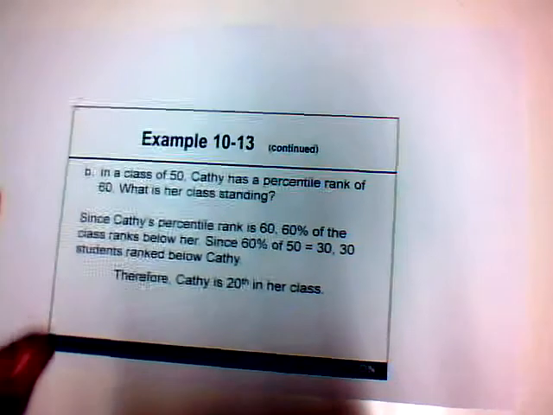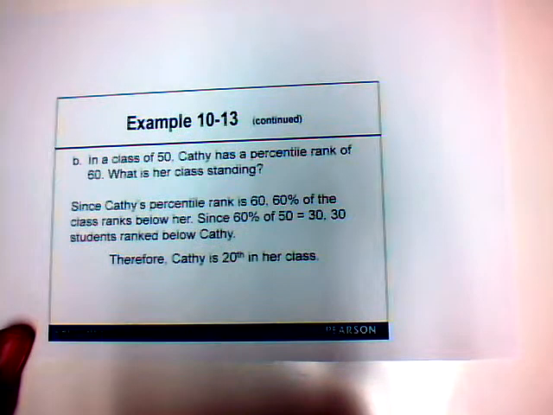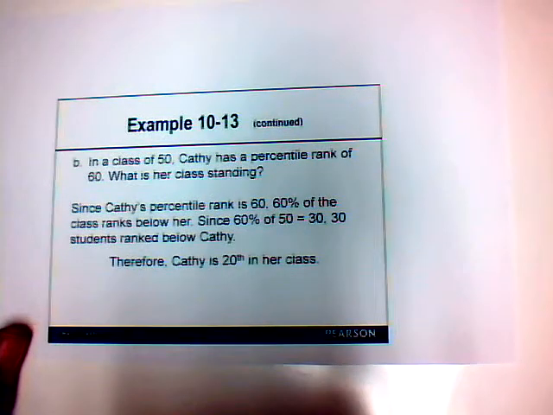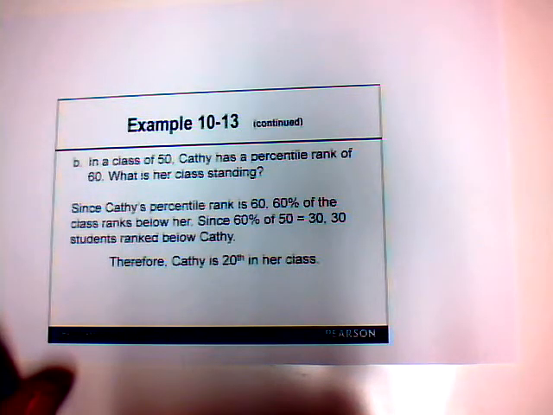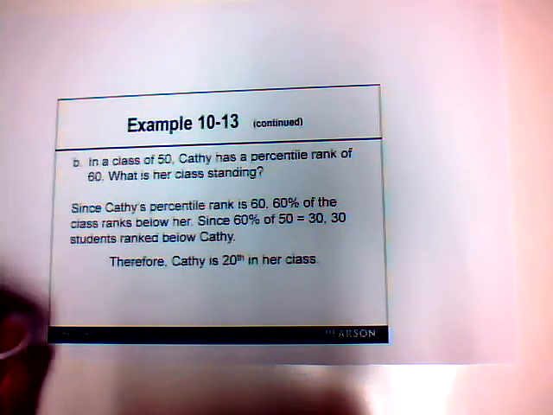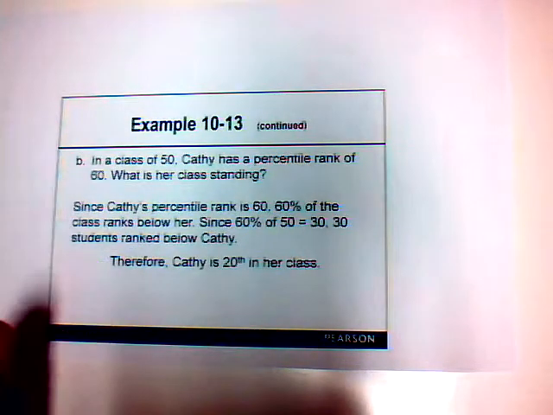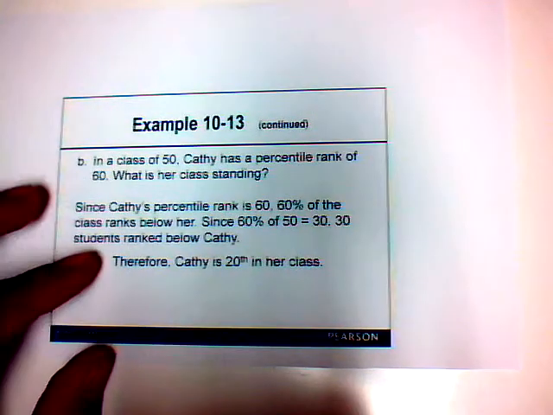In part B, in a class of 50, Kathy has a percentile rank of 60. What was her class standing? She's ranked with a percentile rank of 60. That's the 60th percentile, meaning 60% of her class ranks below her.